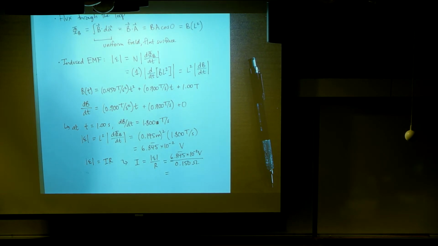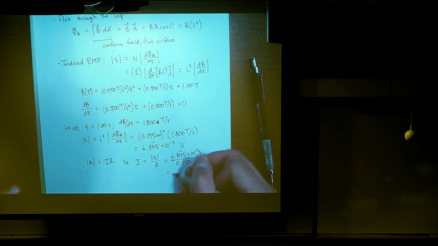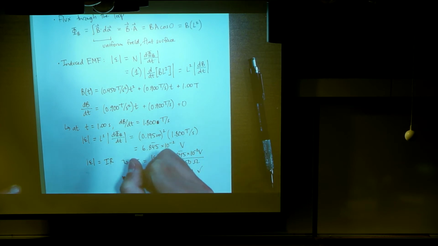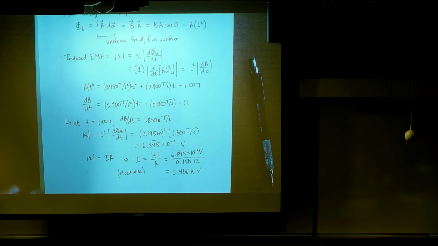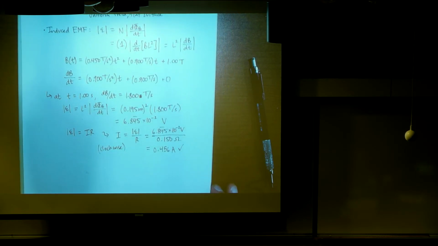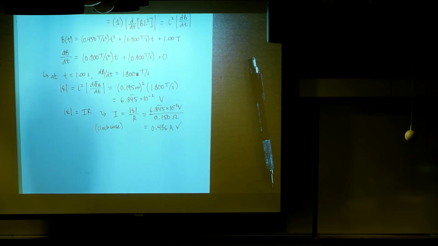And what is the value of the actual current? 0.456 amps. And we already determined it's clockwise, okay? So in this situation, at this time, you're going to get 0.456 amps of current going clockwise.